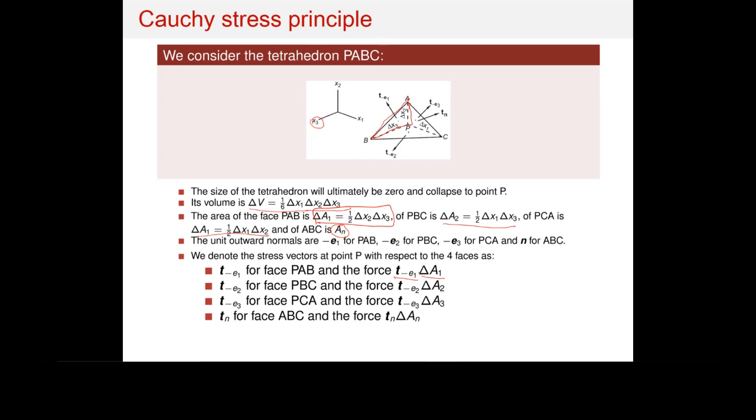You calculate the force on the first face: this is the stress vector multiplied with the area, the second with the area, the third with the area, and you do the same thing for Tn. I don't know the value of Tn for the time being, so I'm just going to calculate it in parametric form. All right. So I have all the forces acting on this tetrahedron.